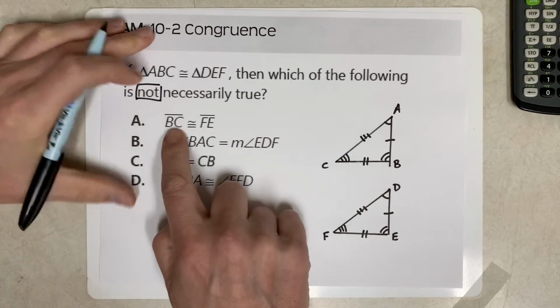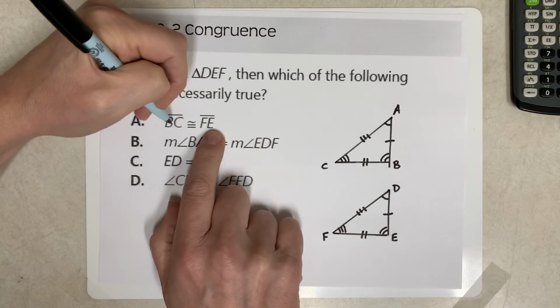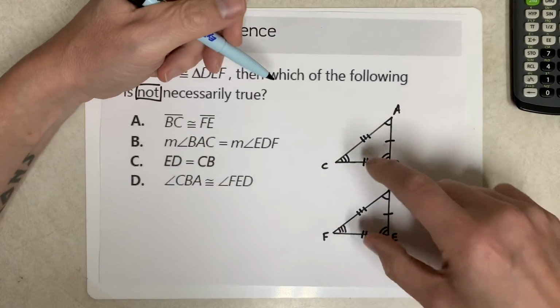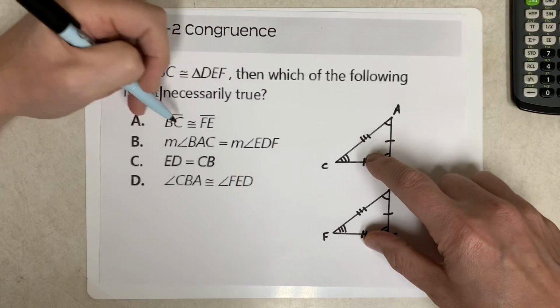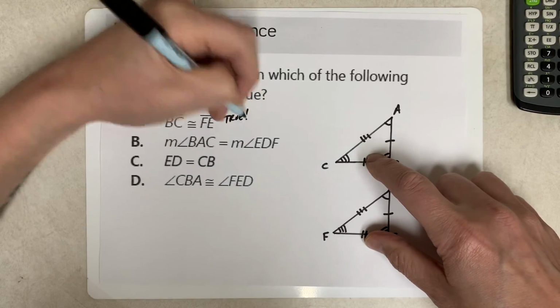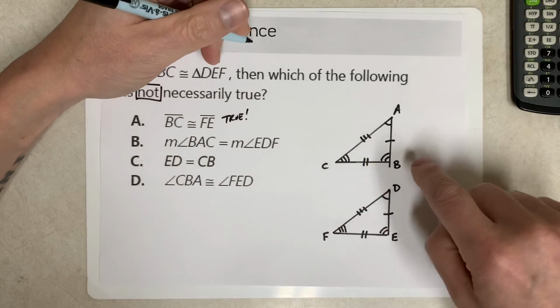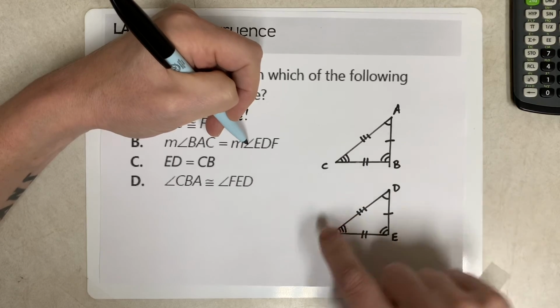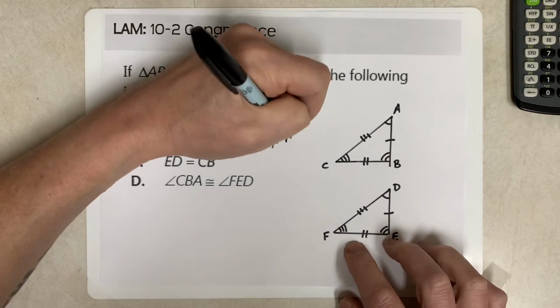Okay, not necessarily true. Does BC match up to FE? BC, FE, yes. Those are going to be congruent. So that one is true. Does measure BAC equal measure EDF? Yes, that one's true.